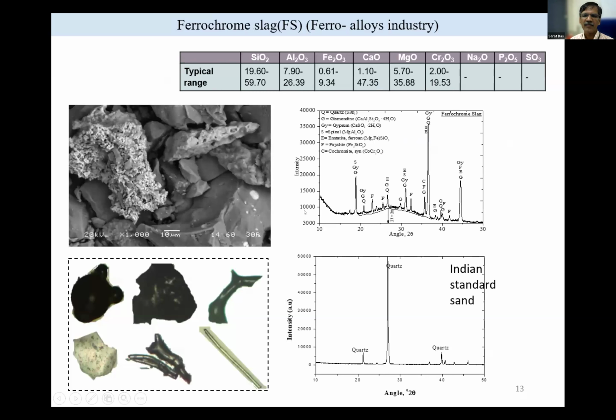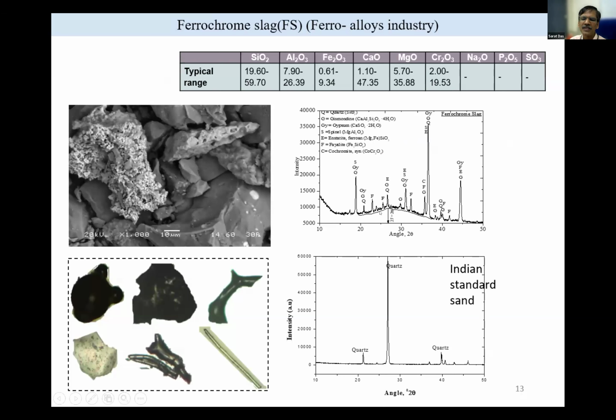Similarly, there is another use of this X-ray diffraction. When you get anything geometrically between 75 micron and 4.75 mm, we say it is a sand, and it tempts us to use it as a fine aggregate in concrete. But this size is not sufficient.